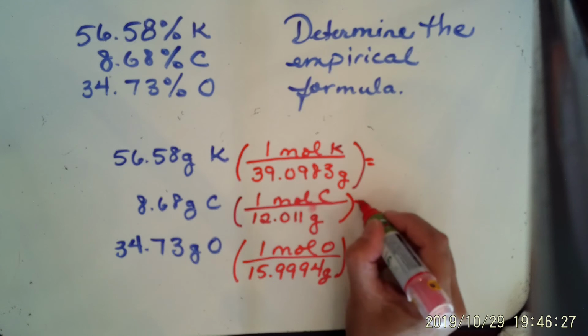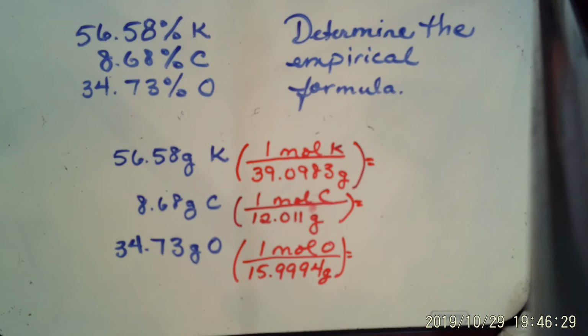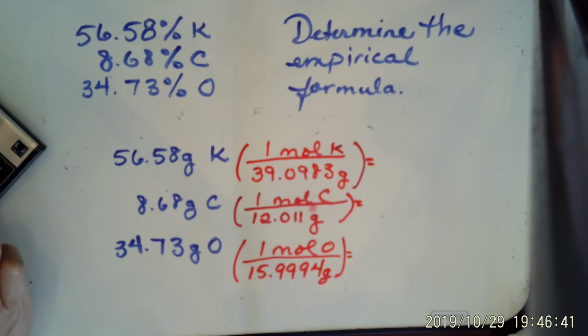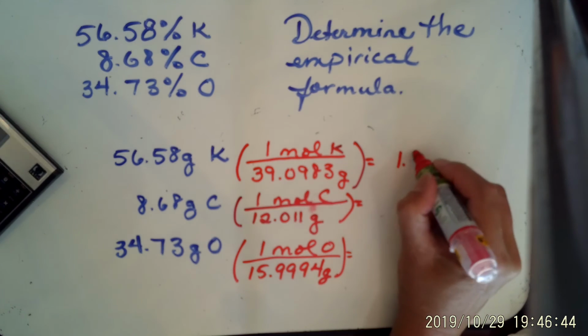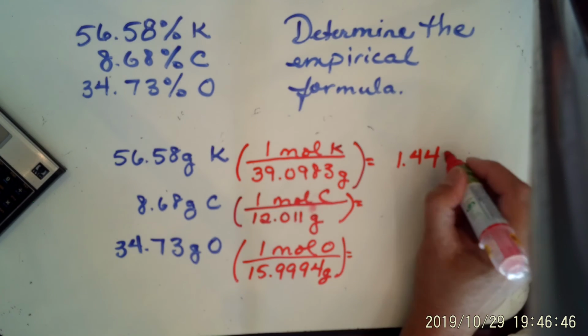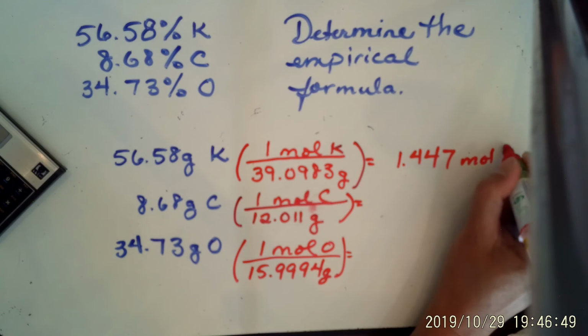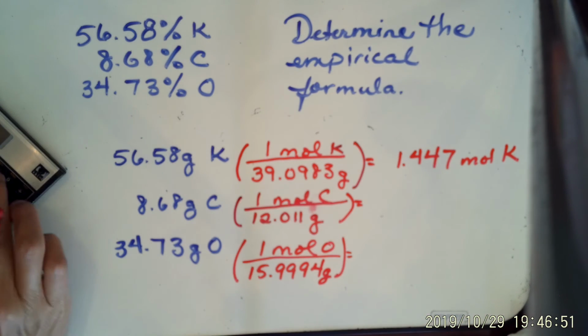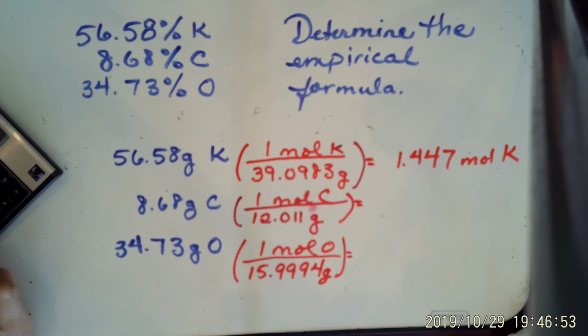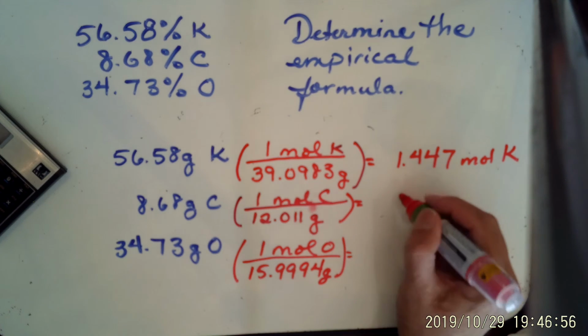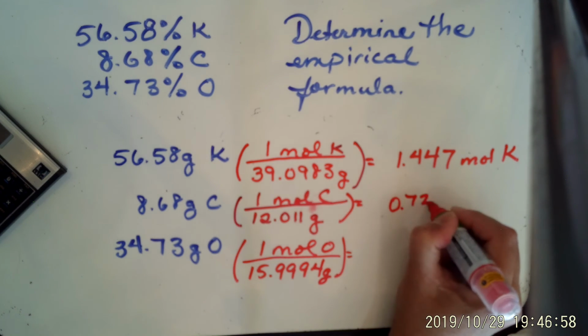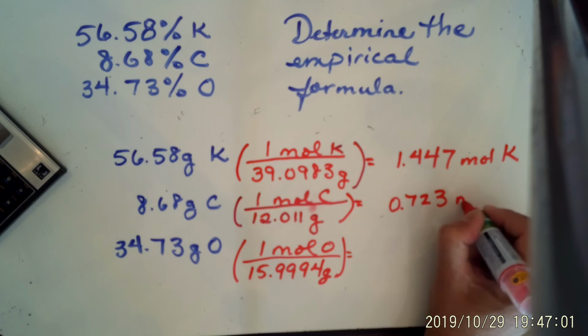Now all we're going to do is convert our mass to moles. 56.58 divided by 39.0983, I get 1.447 moles of potassium. 8.68 divided by 12.011, I get 0.723 moles of carbon.